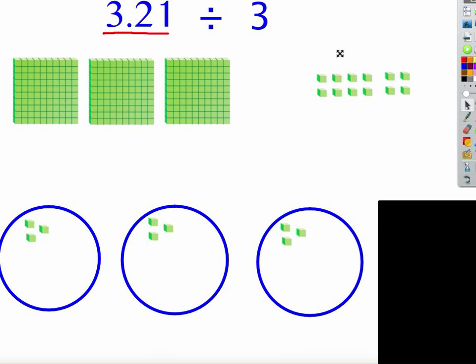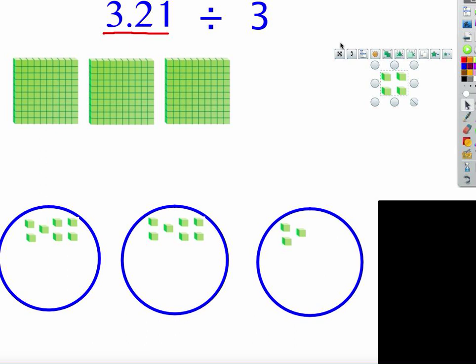And now what we need to do is split them up evenly into these 3 circles. Well, if I have 12, basic math just tells me I could put 4 in each one, and they would be evened out. Just like this. Okay, so now we have 7 hundredths in each one of our groups.